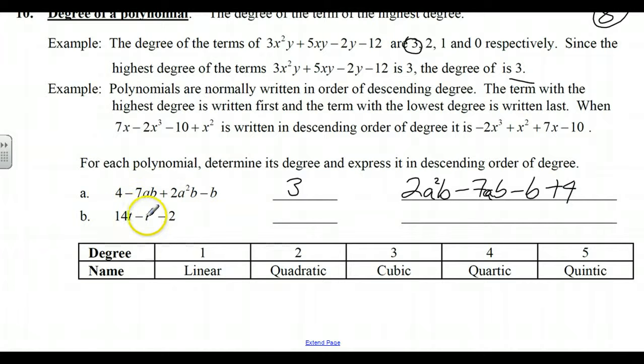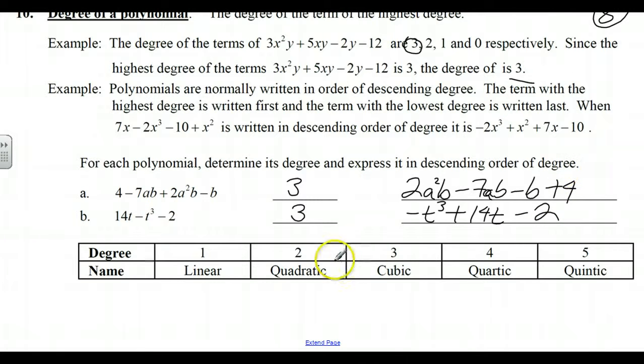This polynomial, degree 1, degree 3, degree 0, so it's of degree 3. We write negative t cubed plus 14t, and then minus 2.